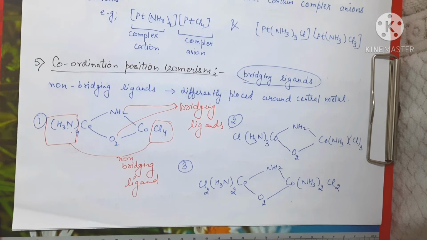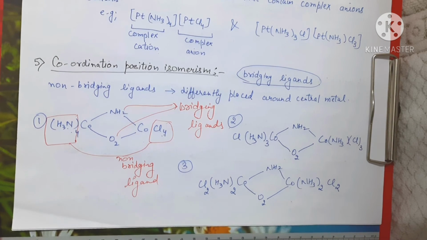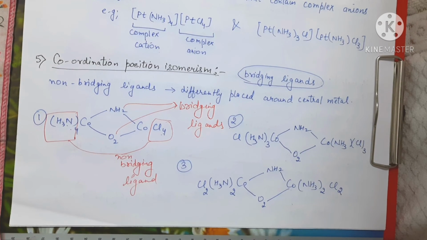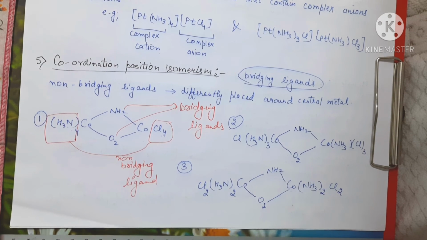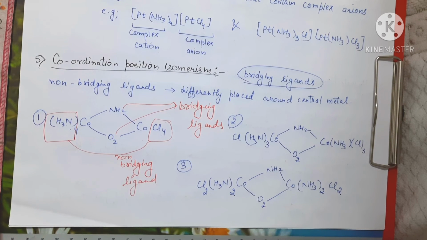So this is all about structural isomerism. With this, the structural isomerism part is over. This part was really easy to understand, but the main part is the next, which is geometrical and optical isomerism, which comes under the category of stereoisomerism. That part will take a longer time to understand, and it is a very important part.